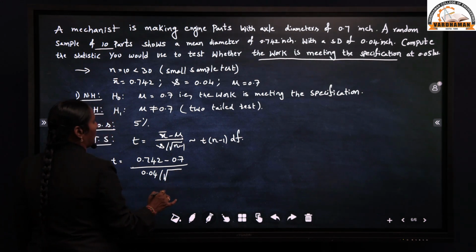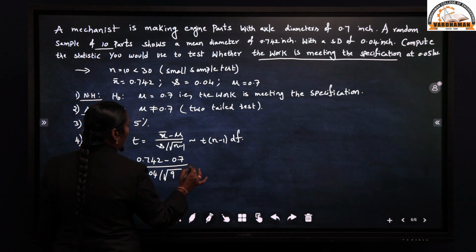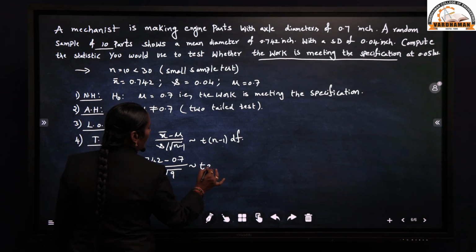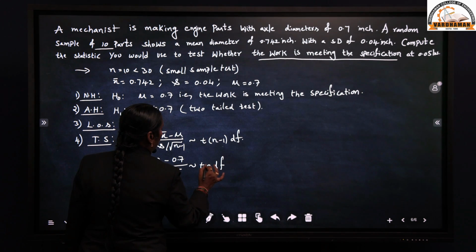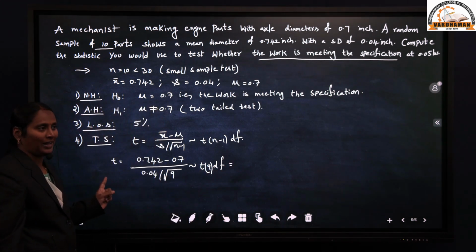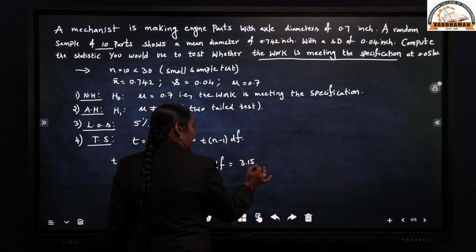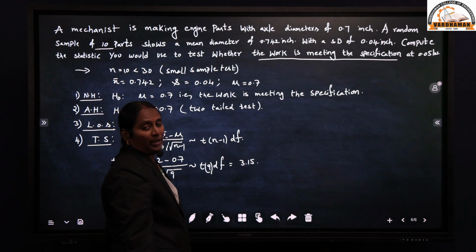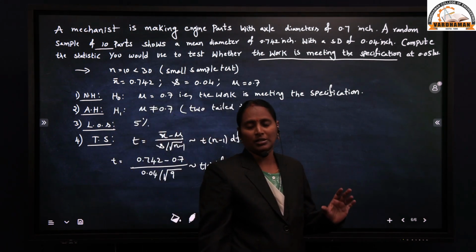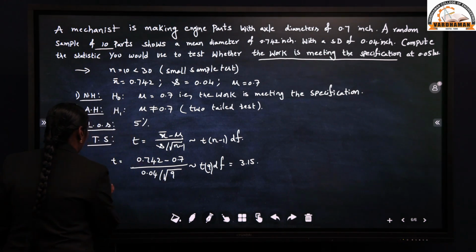So n minus 1 is 10 minus 1, which is 9, and it follows T with 9 degrees of freedom. Now simplifying, the calculated value of T is 3.15. To make a conclusion we have to follow the table value. What is the table value? We are going on to the fifth step, the conclusion.